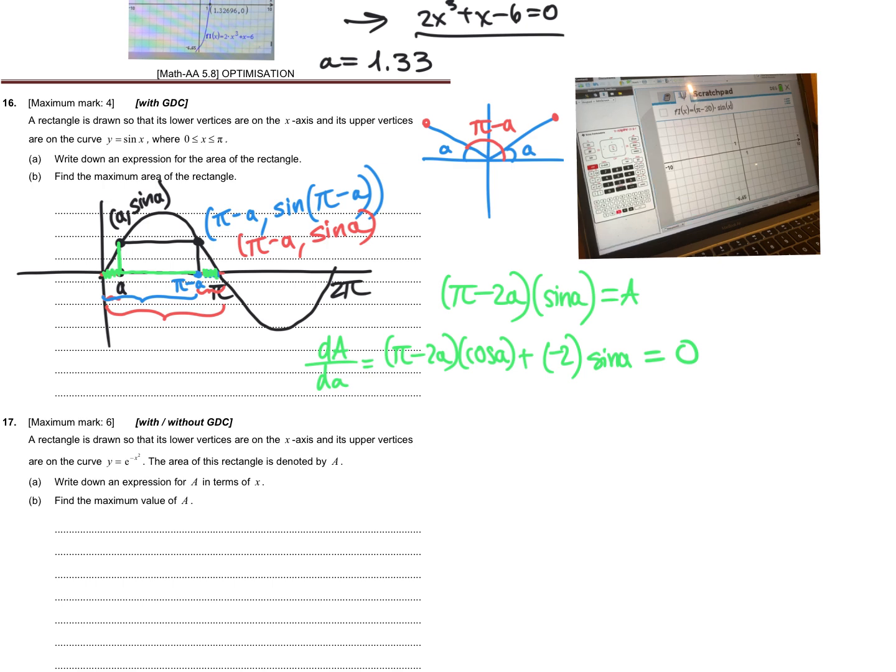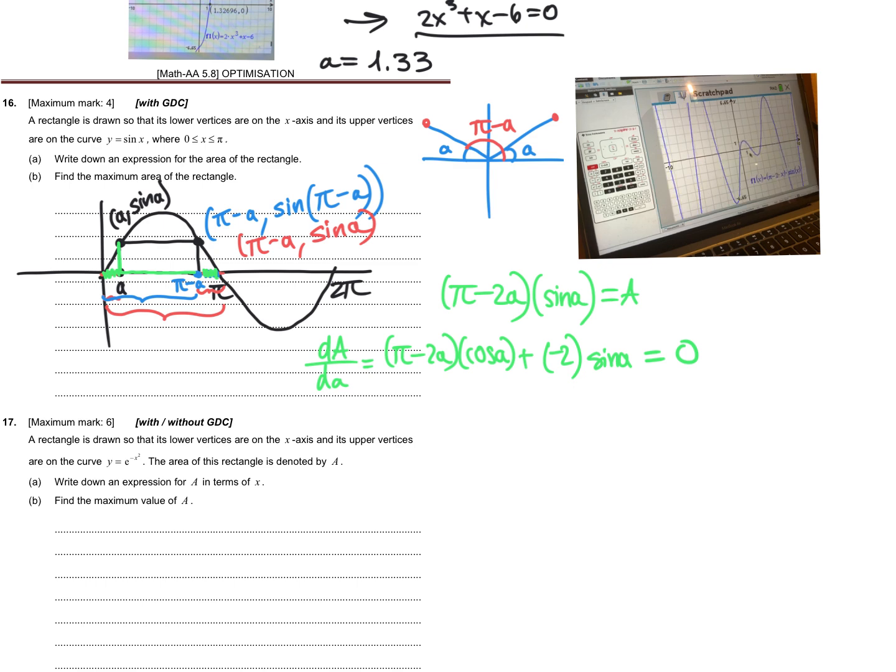Oh, what am I doing? So this is minus 2x. I didn't even do it right. Okay, so radians. Okay, pi minus 2x times sine x. Enter.